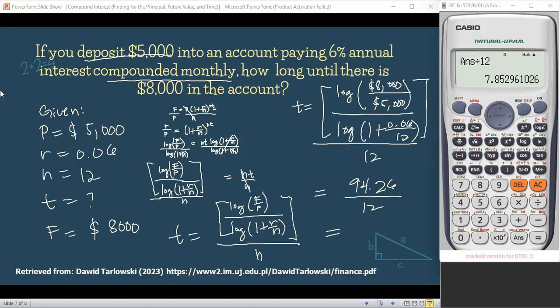So ibig sabihin po, my dear students, yung $5,000 natin, magiging $8,000 siya, compounded continuously for 0.06 rate, magiging ganun siya kalaki after 7.85 years pa po.